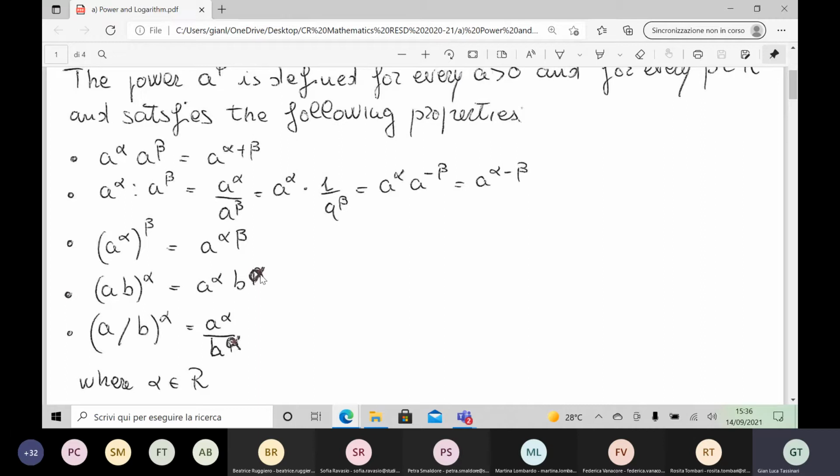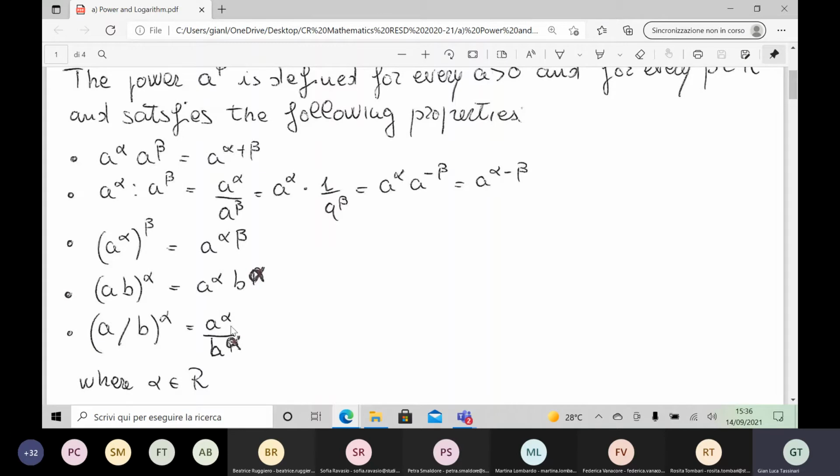Suppose you have also a ratio between a to the power alpha and b to the power alpha. It's still alpha. So you have a ratio of two powers with different bases and with the same exponent. When you are in a situation like this, you can do the ratio of the bases raised to the common exponent.